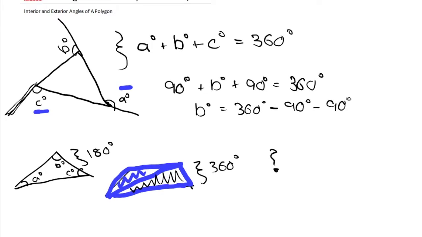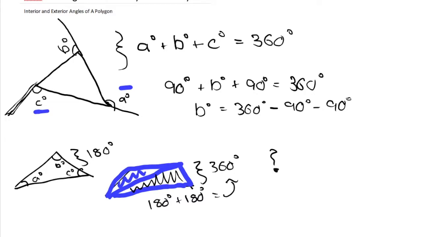So a four-sided polygon, or trapezoid, can form two triangles, meaning 180 degrees plus 180 degrees is equal to 360 degrees. And now we know where that 360 degrees of a four-sided polygon came from.